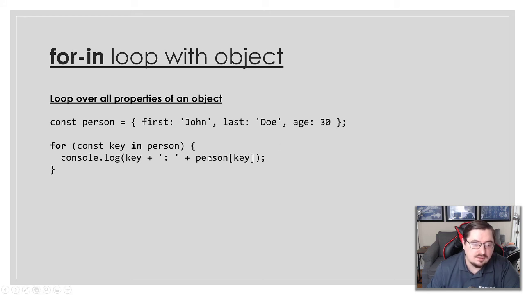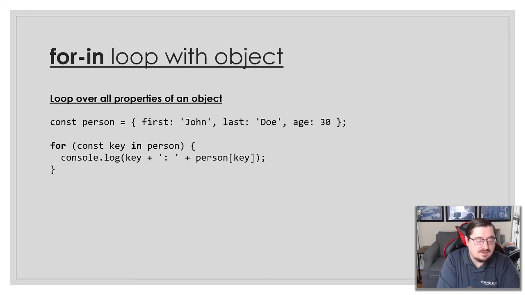So I can say this, and it will come out as first, John. Next time through, I'll get the key last, so this will be last, Doe, and then age comes here, and we'll get the value. So this will be age, 30. So if I do need to loop over all the properties in an object, you can actually use the for in structure for that as well.